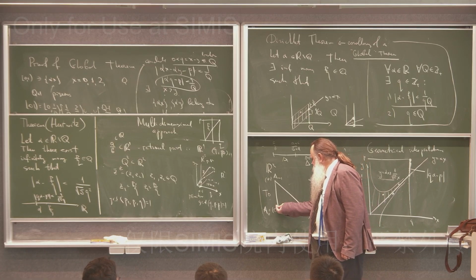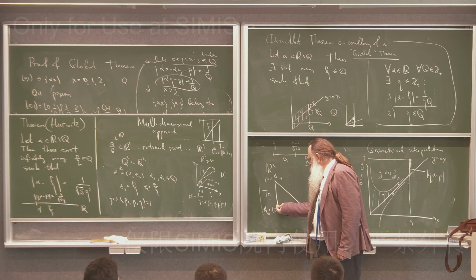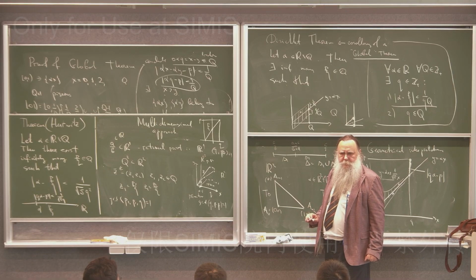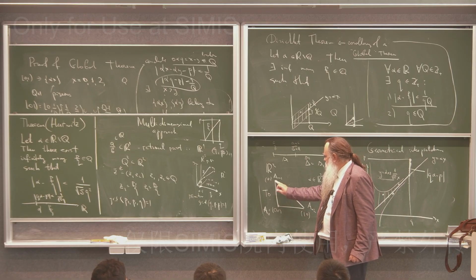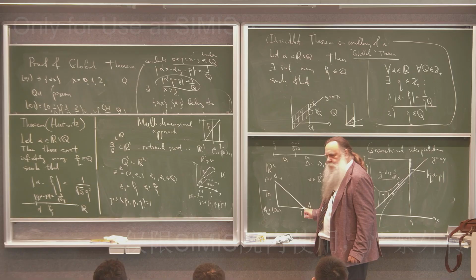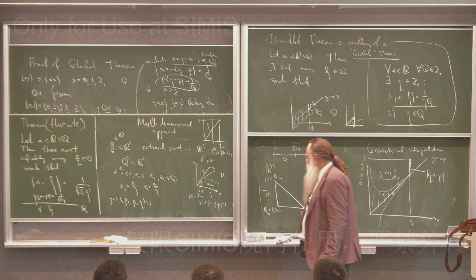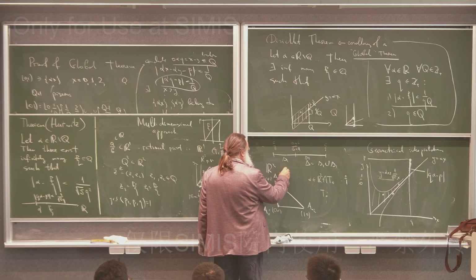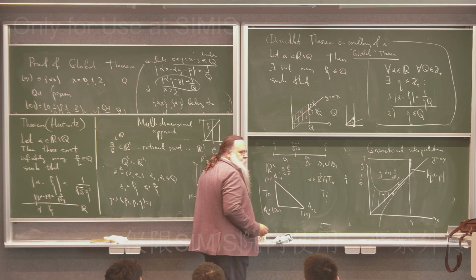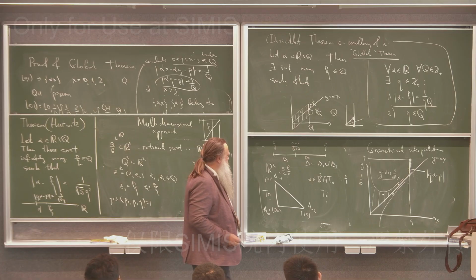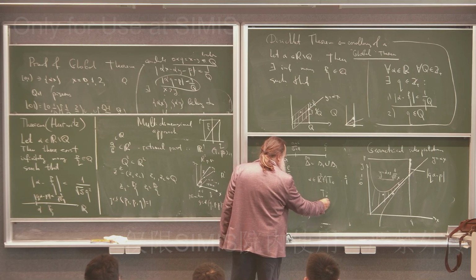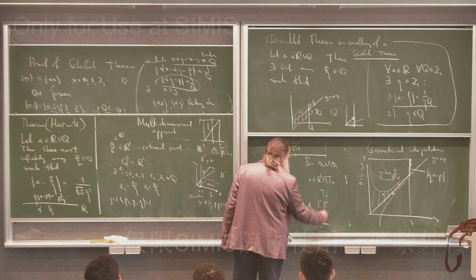And I want to define the next point. The next point I define as follows. We do not use this point. We consider the two previous points. By our procedure, this is a rational point. It is written as A, B over C. And this point is written, let it be A prime, B prime over C prime.